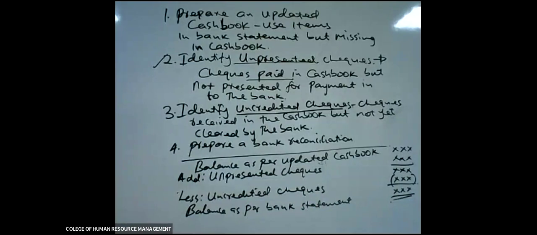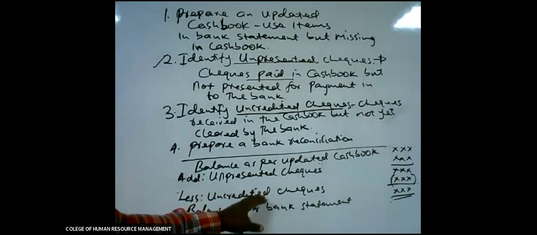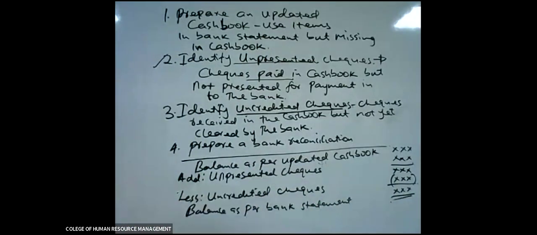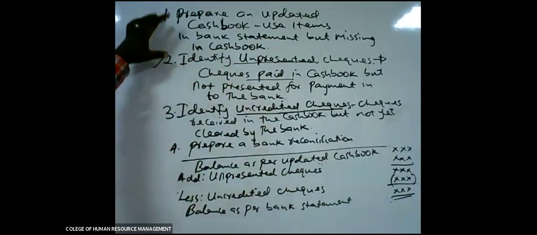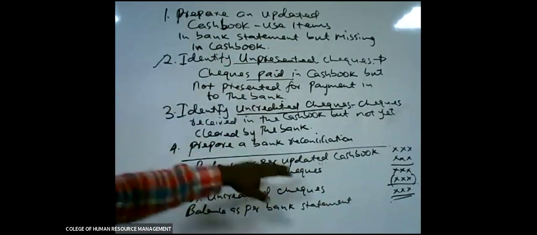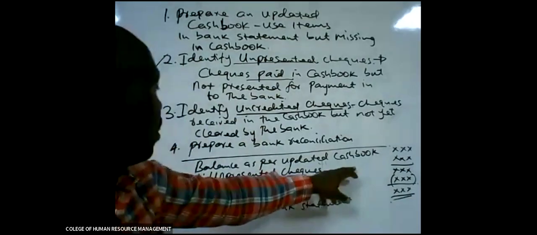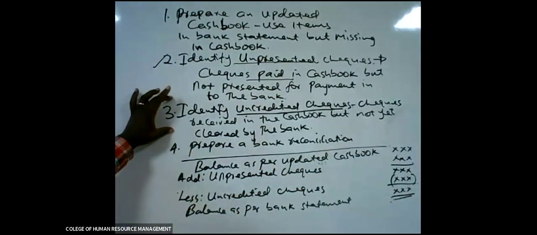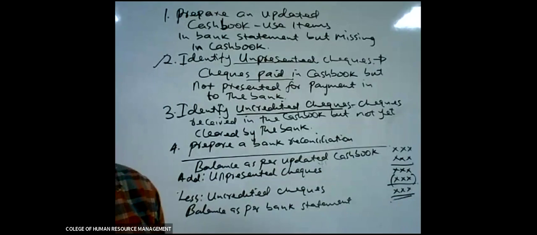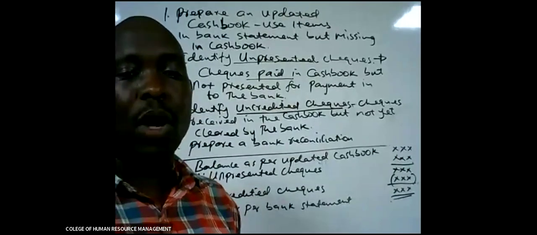No, we can have some errors here, but they are very rare. But that is actually the procedure. The updated cash book balance, you start, you add unpresented, then you minus the uncredited, you get your balance as per the bank statement. That is as far as question number 5, part 1 is concerned.